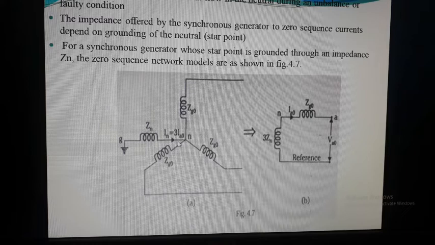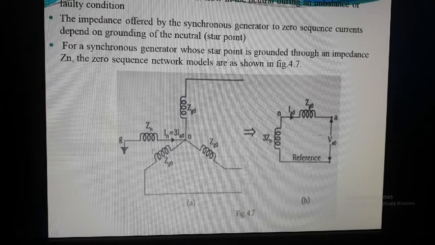The impedance offered by the synchronous generator to the zero sequence current also depends on the impedance from neutral to ground. If Zn is the impedance from neutral to ground, then the zero sequence impedance is 3Zn + Zg0. The zero sequence network impedance is 3Zn + Zg0.